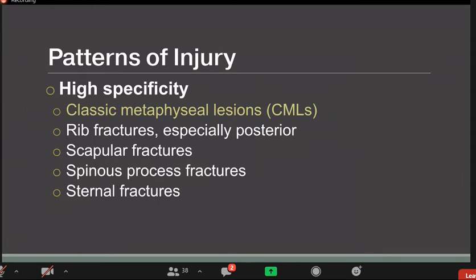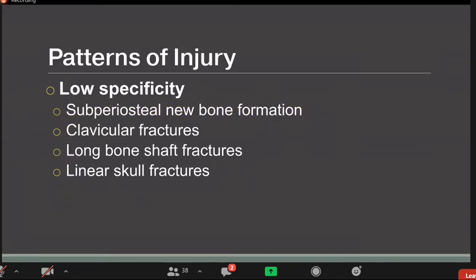Other specific patterns would include rib fractures, especially in the posterior ribs, scapular fractures, spinous process fractures, and sternal fractures. Those with low specificity would include subperiosteal new bone formation, clavicular fractures, long bone shaft fractures, and linear skull fractures.